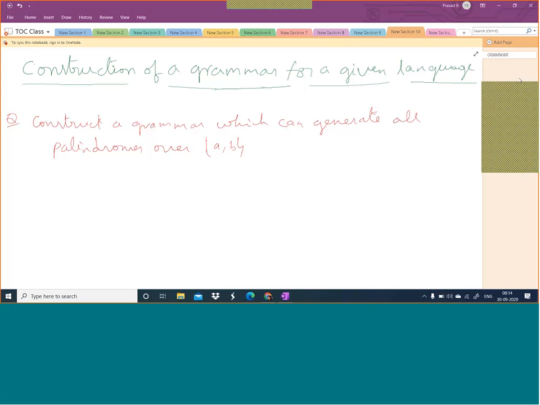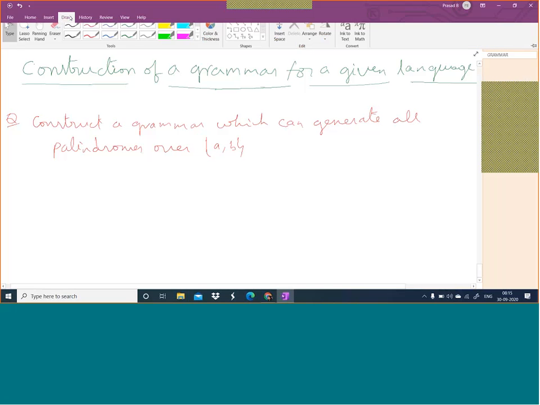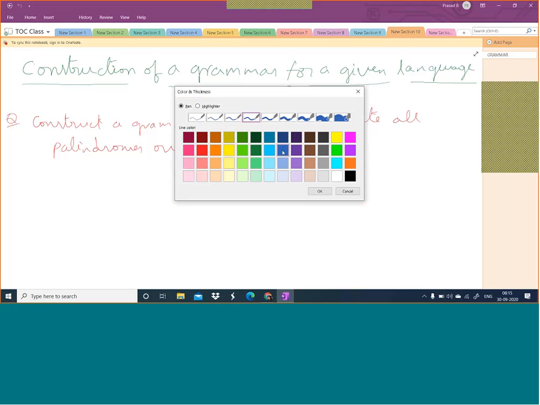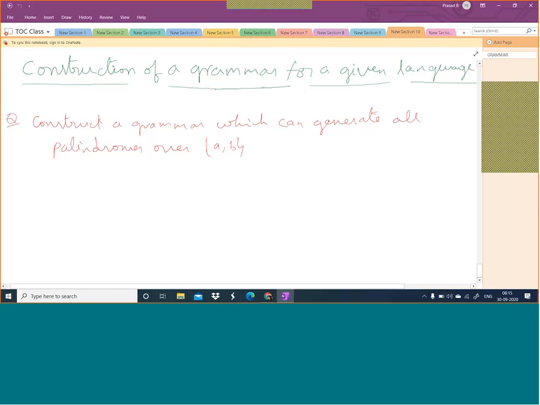Even though we reverse the string, it will be the same. Example: ABA, AA, AAA, BAB, ABBA.